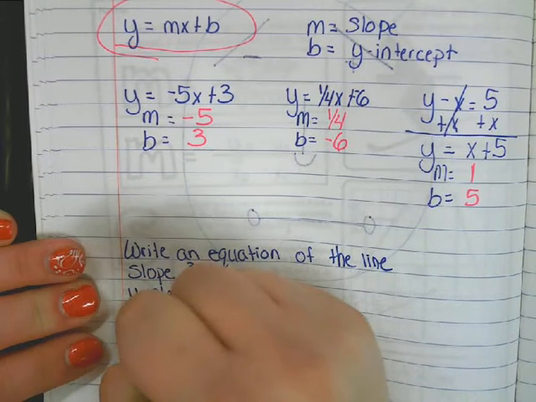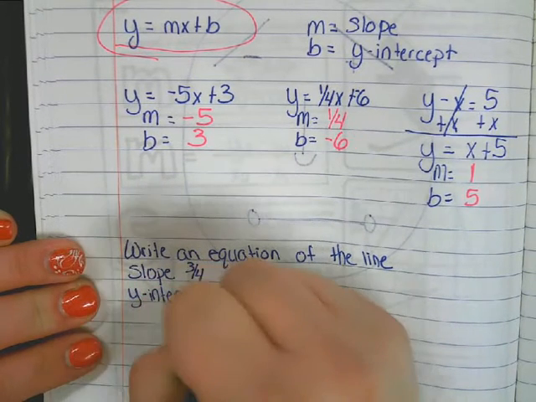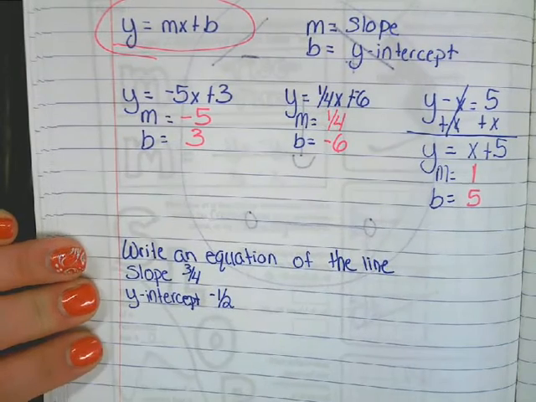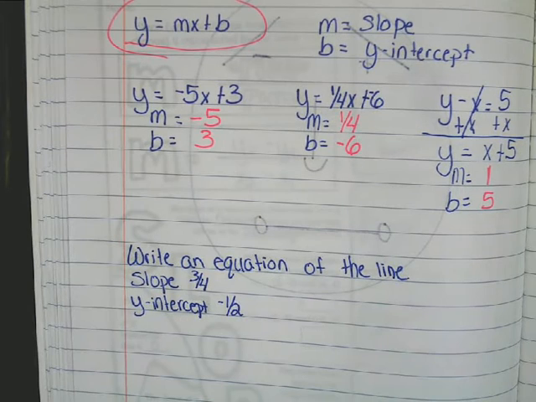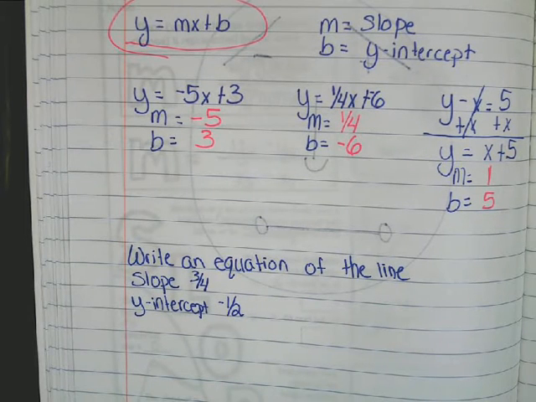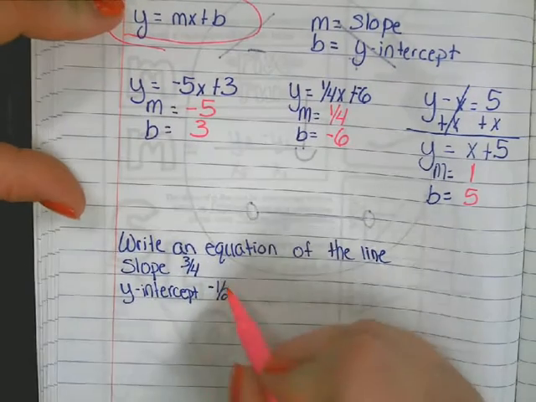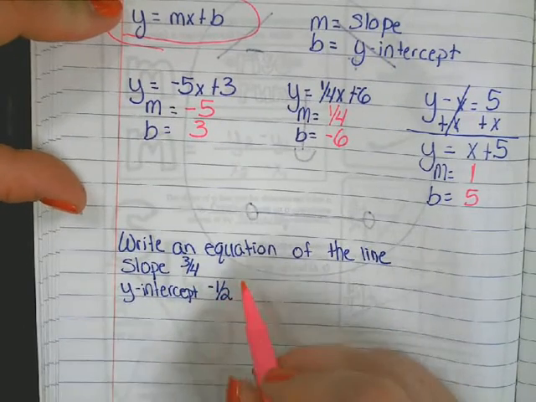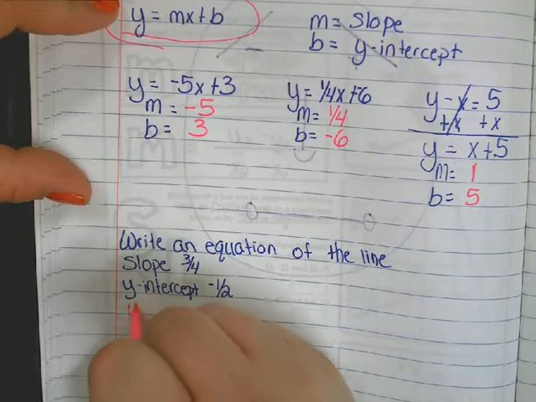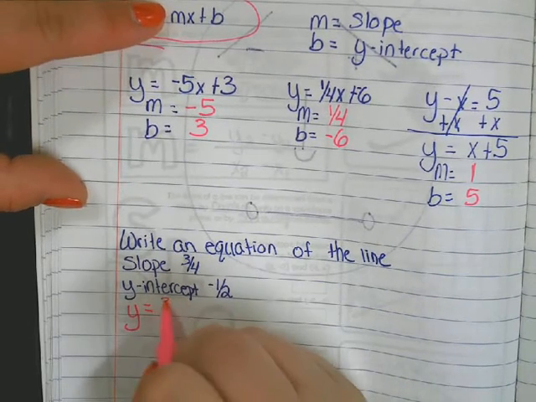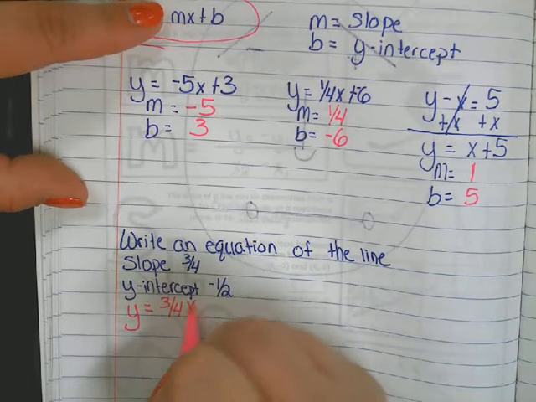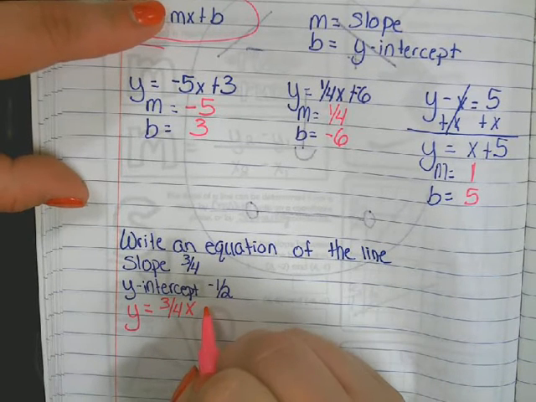So that's what they're giving me, but now I need to come up with the equation for it. So I'm taking the same equation, plugging these two numbers into it. I'm going to start with y equals, I know my m is 3/4, so 3/4 x, and you can either do plus a -1/2, or you can just do -1/2, because that is my b.